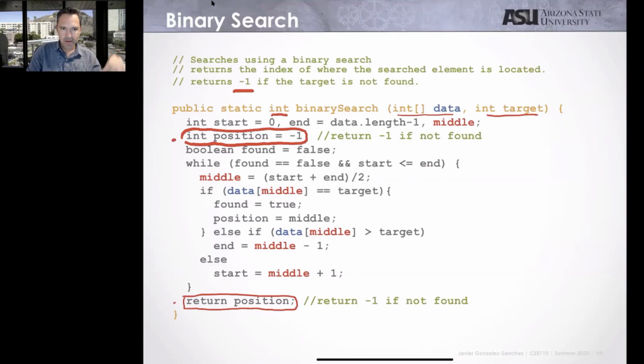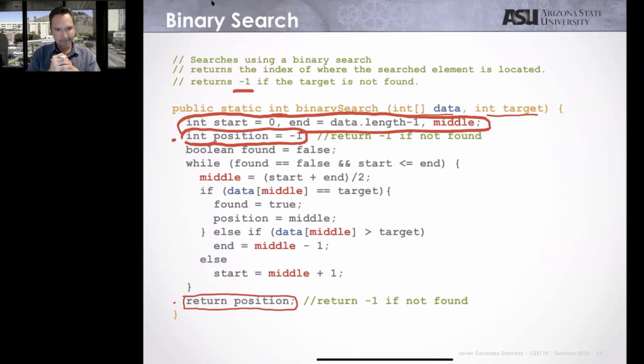Now, for the algorithm, I mentioned several times this idea of start, end, and middle. Well, let's have variables for that. Start, why not? It's going to be 0 the first time, the first element. End is going to be the last index, so data length -1, right?